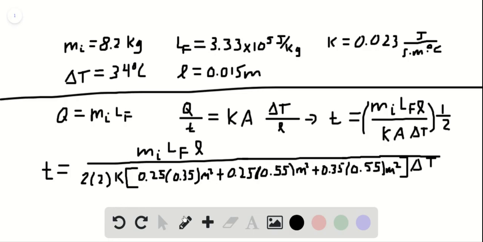So plugging all these values into this expression, we find that T is equal to 3.1 times 10 to the 4. And the units here are seconds. And we can box that in as our solution to the question.